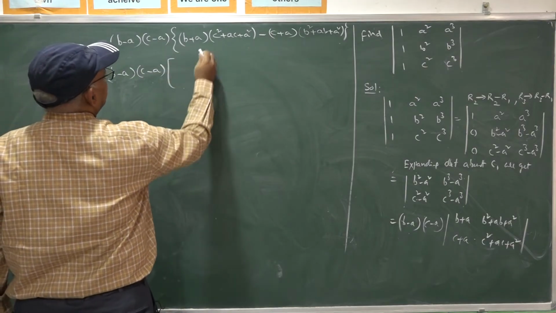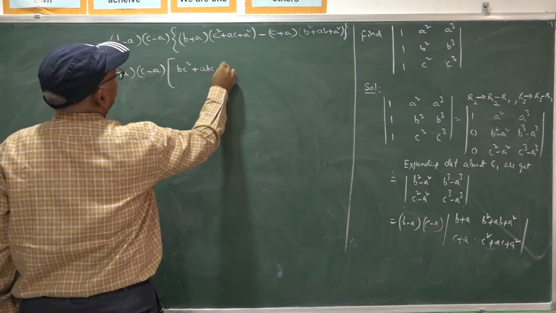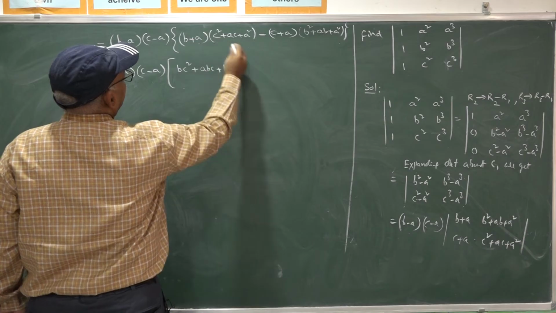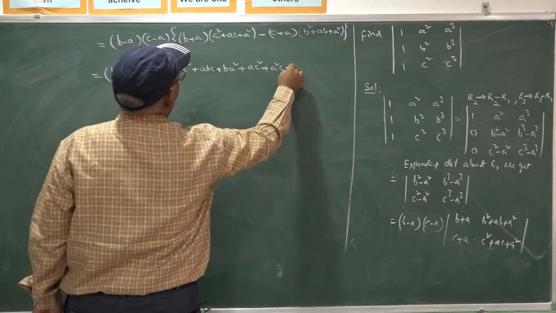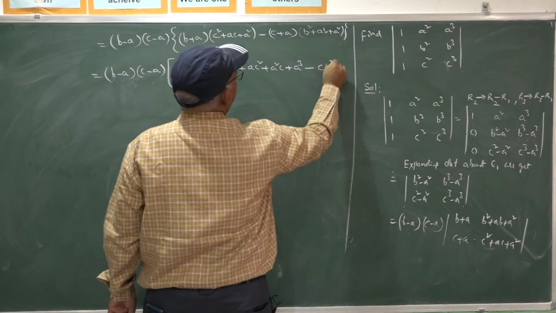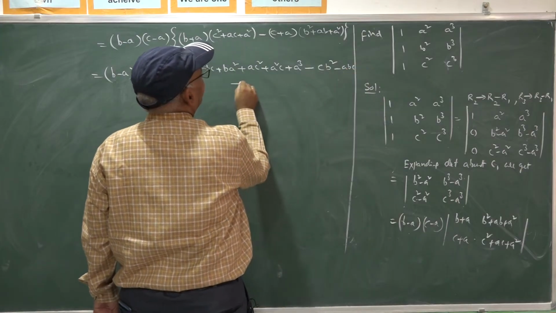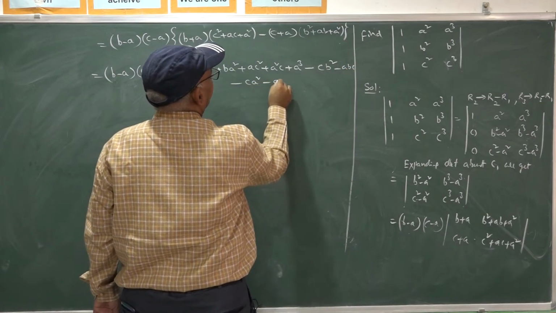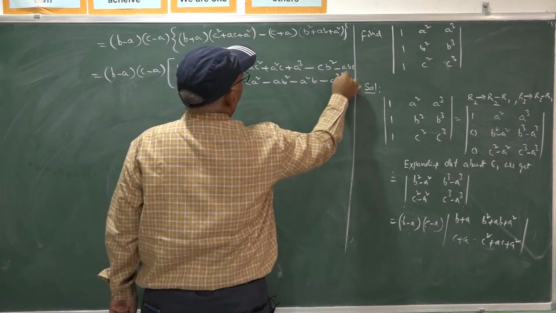Now this is BC square plus ABC plus BA square plus AC square plus A square C plus A cube, minus CB square minus ABC minus CA square minus AB square minus A square B minus A cube.